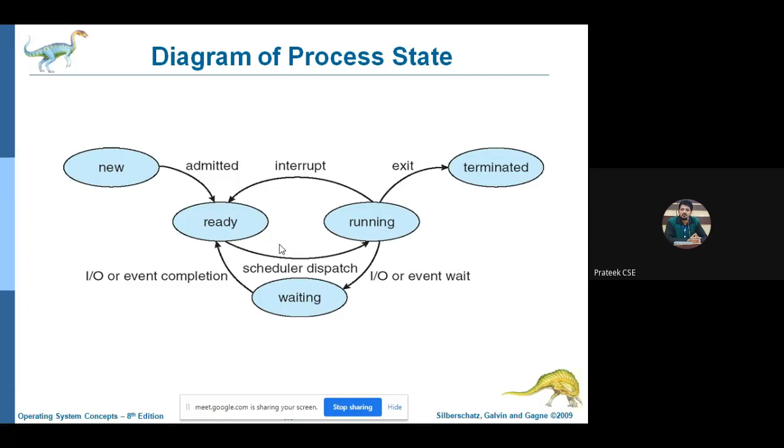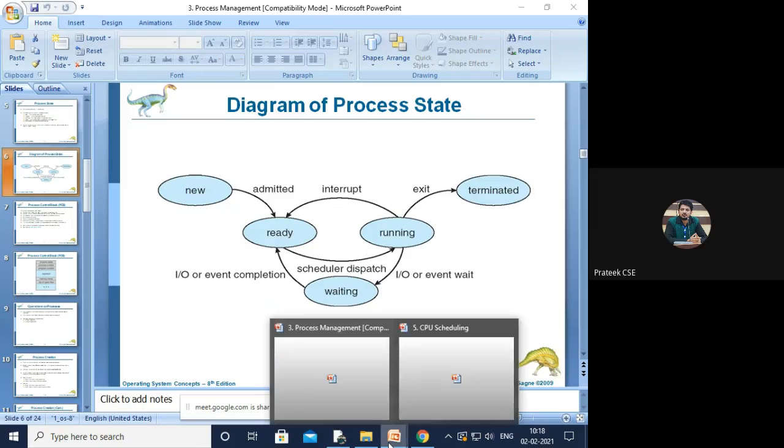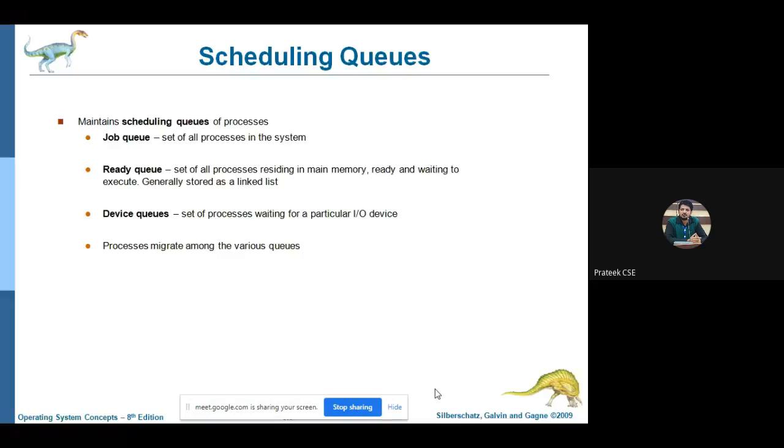The processes are in RAM, they are waiting for the CPU. So the ready queue consists of all the processes which are in main memory and which are ready and waiting to get executed. And generally the ready queue is implemented as a linked list, so you must be knowing what a linked list is.